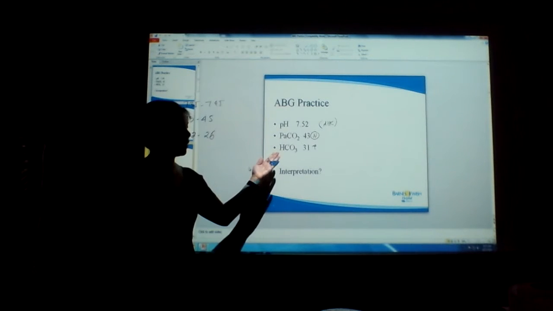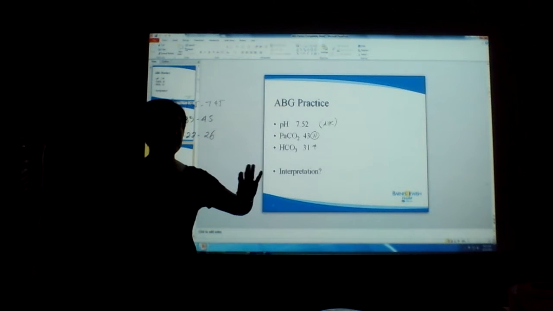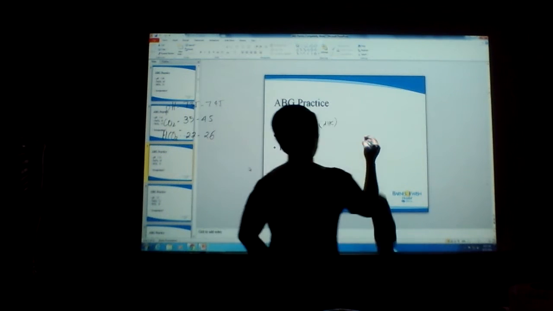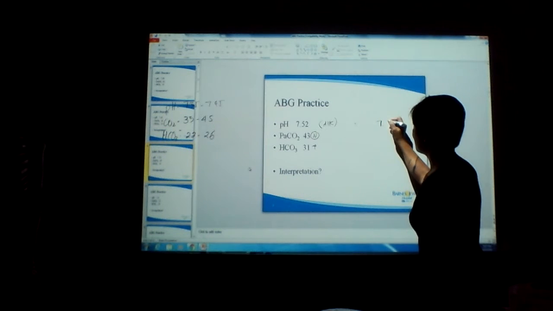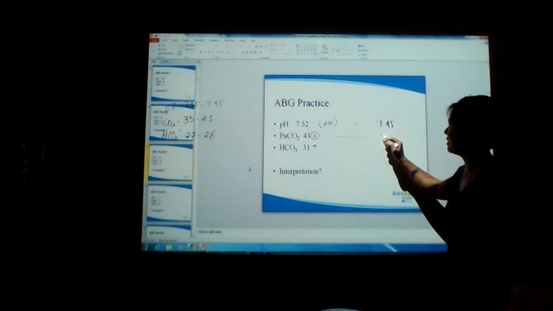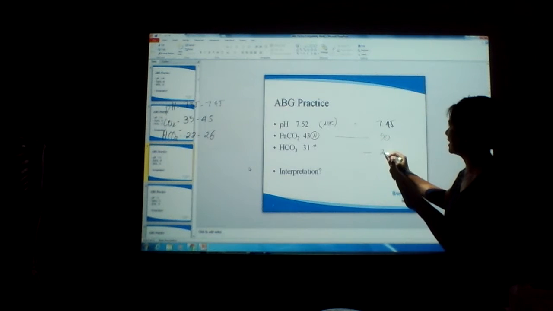So you go into metabolic alkalosis. I predict eventually, maybe when I check 15 minutes from now, how about if the ABG read 7.45 and then the PCO2 maybe went up to 50, and then the bicarb is 29.